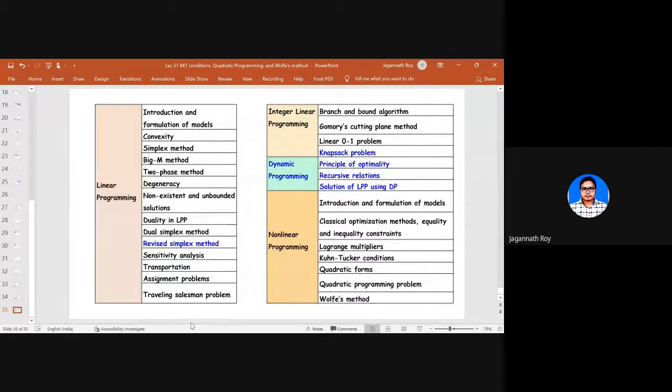If you remember, for linear programming, we have discussed all these methods. The only thing left is the reverse simplex method, which is very close to the matrix form of the simplex method.